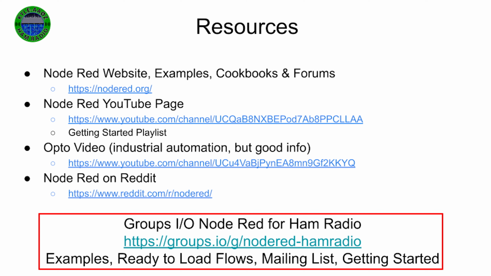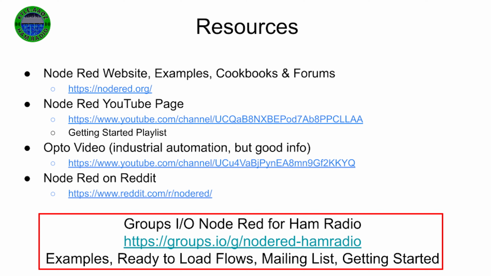I mean, there's probably a dozen posts a day about Node-RED, and I subscribe to the digest because it gets a little bit much. But if you have a question about a flow, you have a question about your radio, your amplifier, how do you get information in and out of it, and somebody has not already made a flow for it, this is where you ask it.